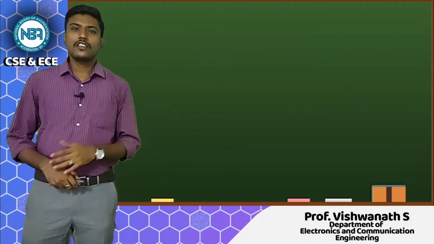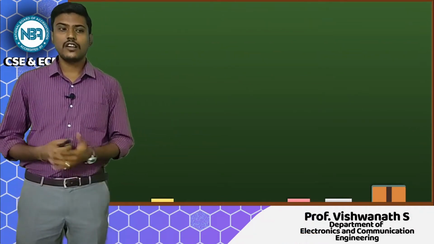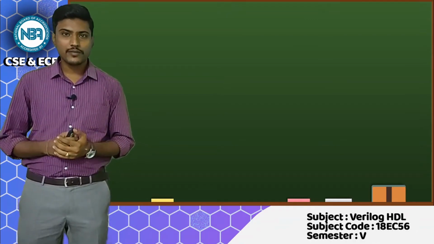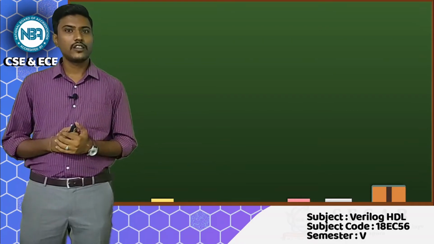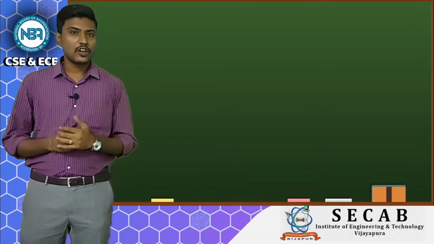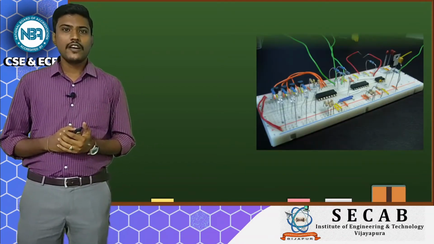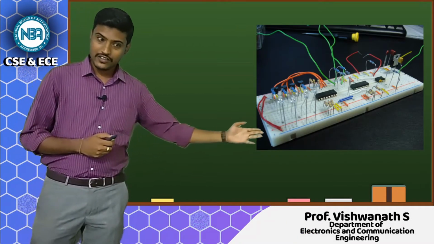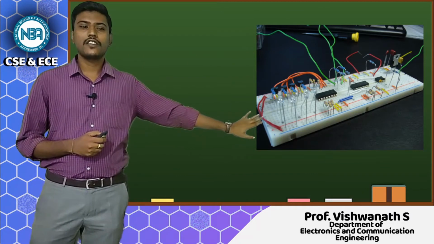Initially, how were they testing? Once the design is ready, it has to be tested before going to the market. Without testing, there will be a loss, right? So how were things tested?